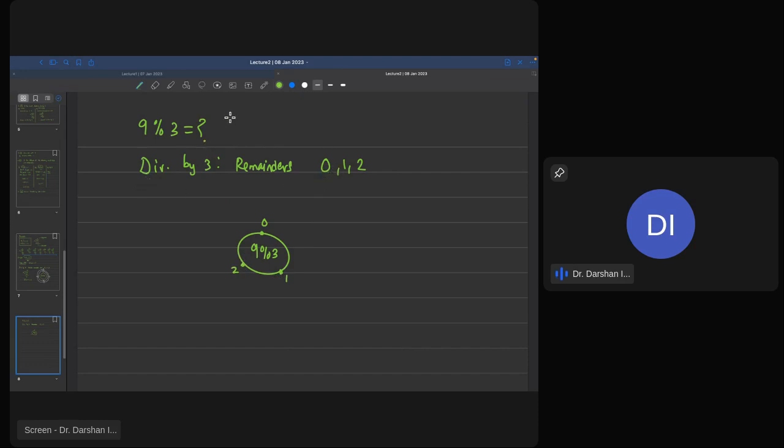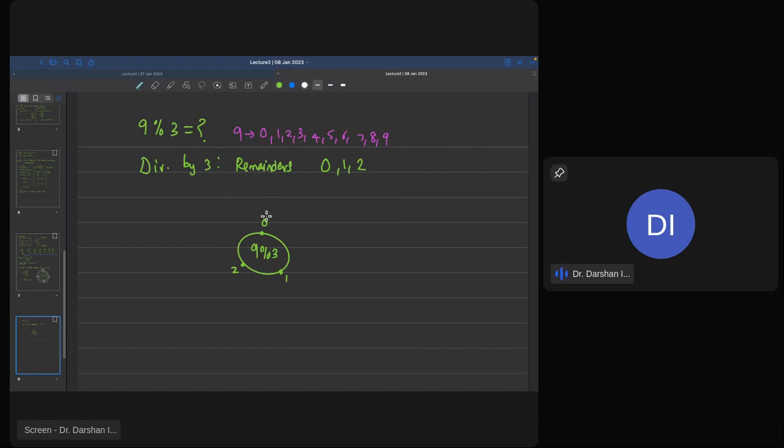And what is the number? 9, right? So I'll write it once again in pink ink. So for generating the number 9, I will start counting from 0.